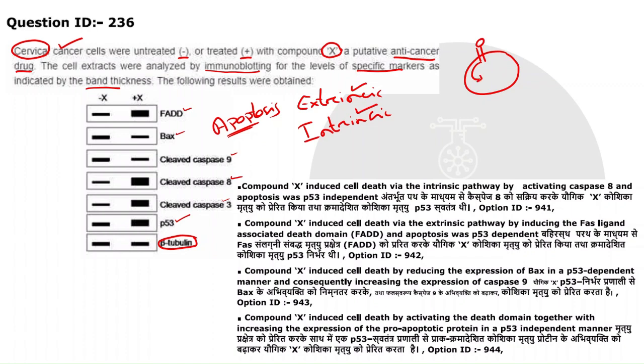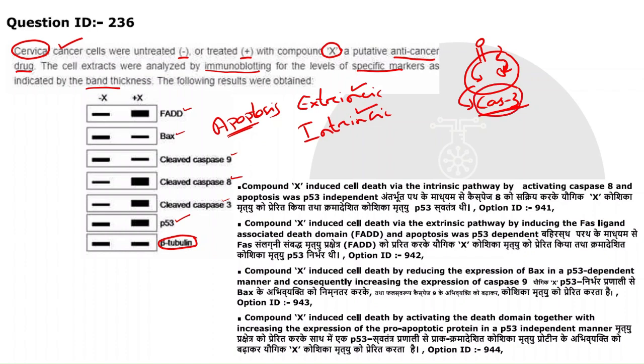The intrinsic pathway works from inside the cell: the drugs enter the cell and induce apoptosis from inside, mostly through mitochondria. At the end, the main apoptotic protein that kills the cell is Caspase 3, whether it comes through the extrinsic or the intrinsic pathway.